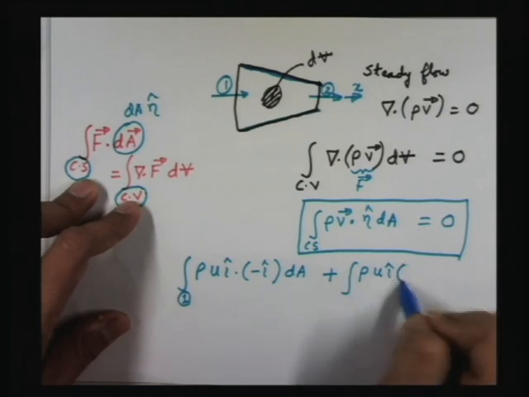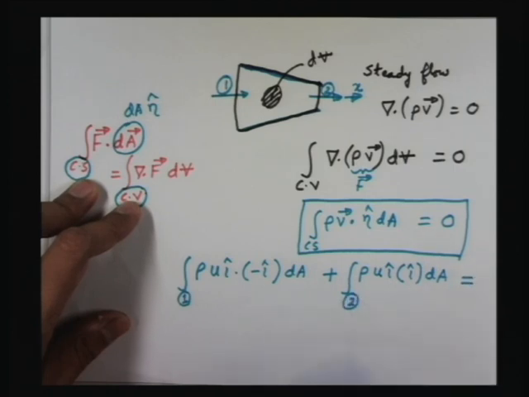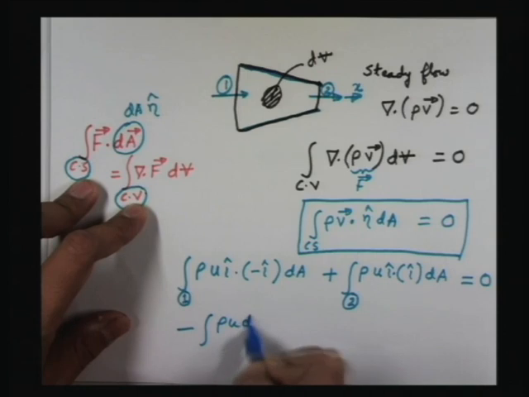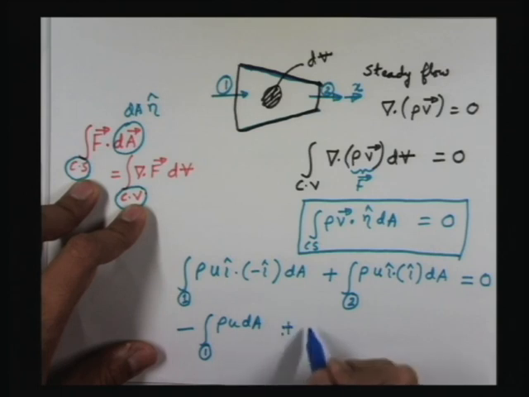Eta is i. This must be 0. So we can write therefore minus integral of rho u dA over surface 1 plus, let us first write this with plus and then we will change the sides.